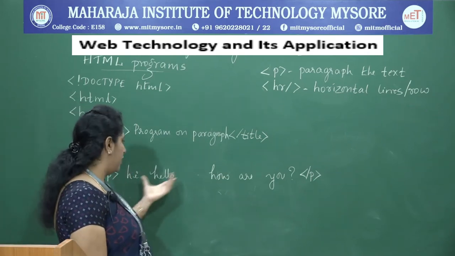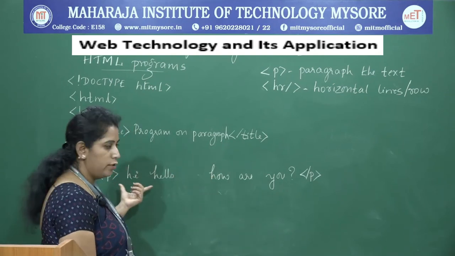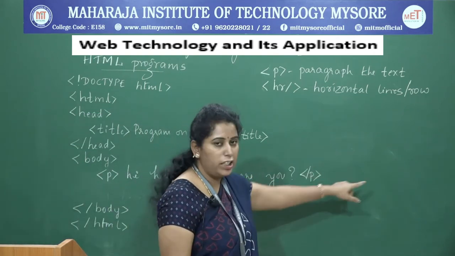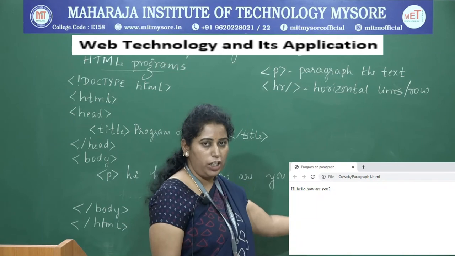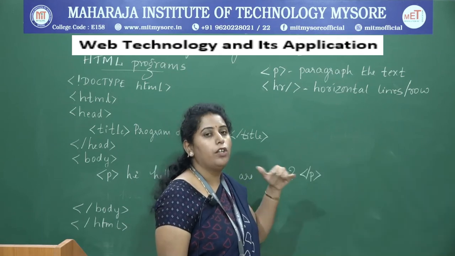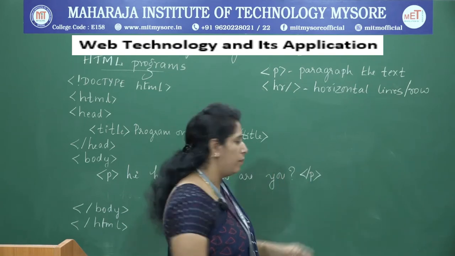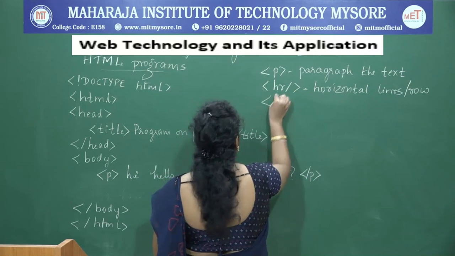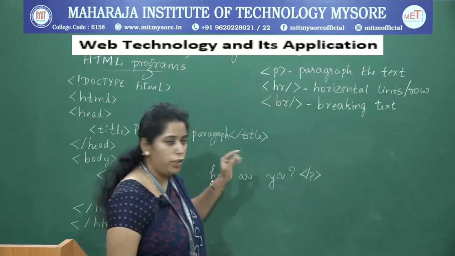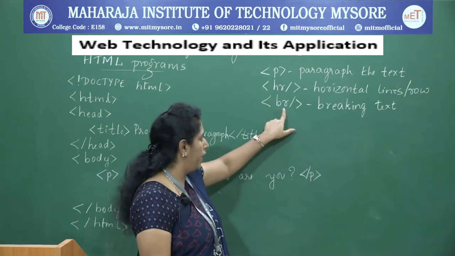Since only one set of P tag is used, the entire text will be formed as a paragraph. So in a single line you can notice the output looks like this: Hi, hello, how are you? But if you want to break this statement, in order to break the text, we can use a tag called BR.